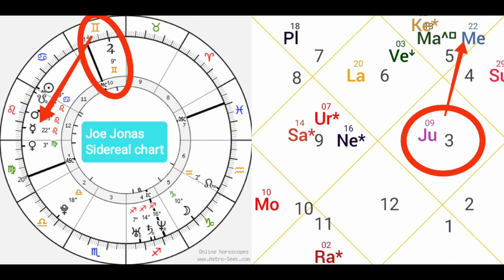And then we test out that date, boom, we wait and see. Because these placements don't always guarantee traveling in the time periods that they are activated. And these placements could work for both the tropical and the sidereal chart, but it's way easier to predict when it happens with the sidereal chart.